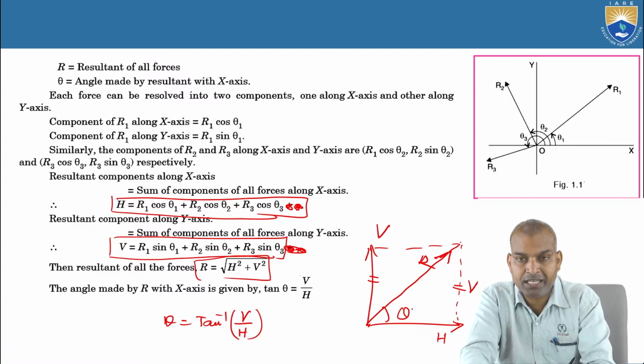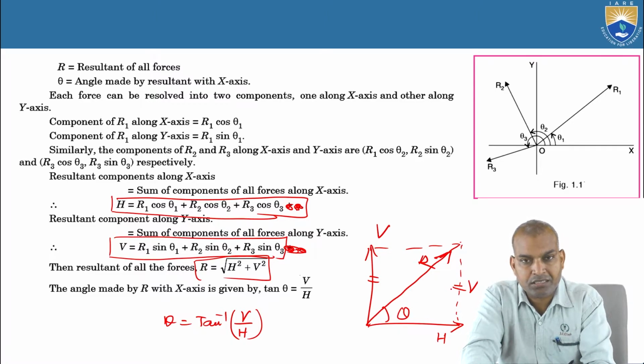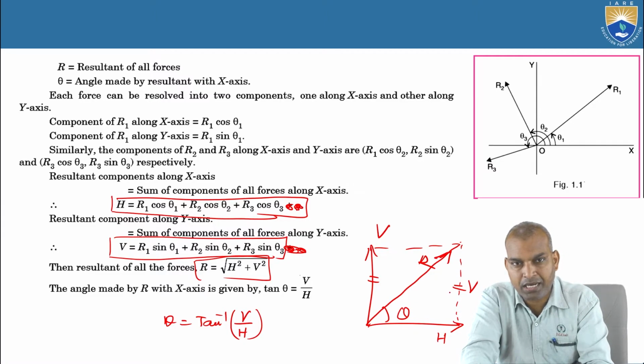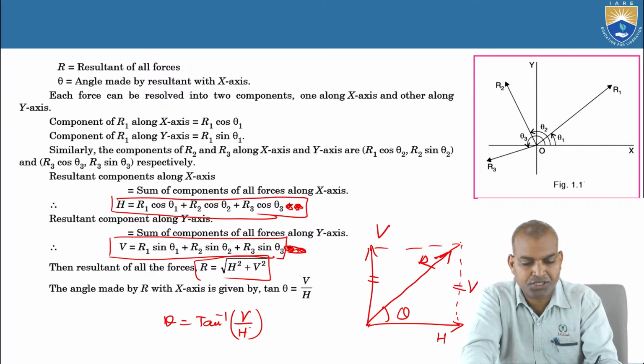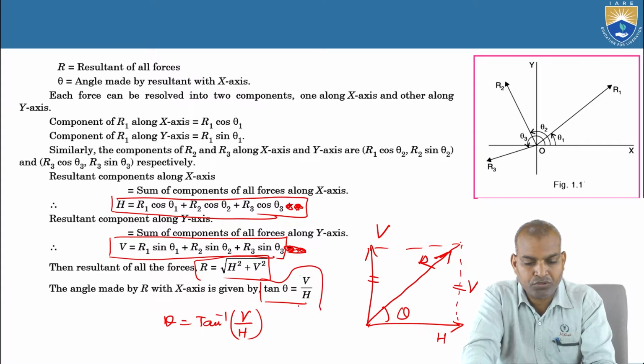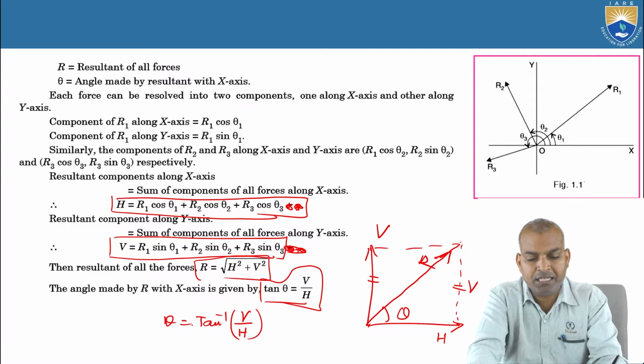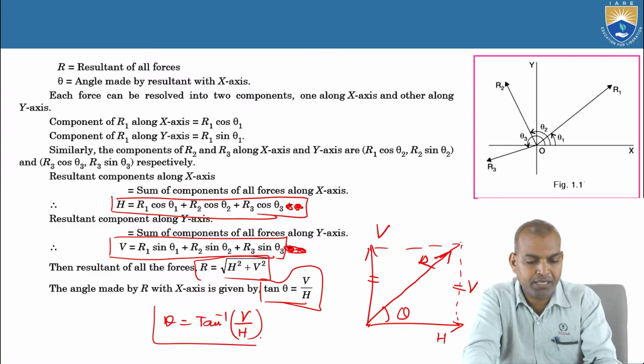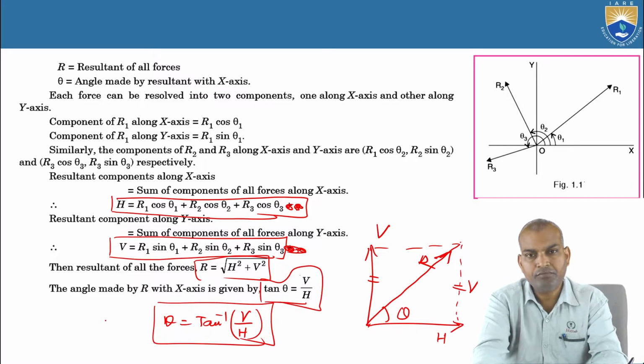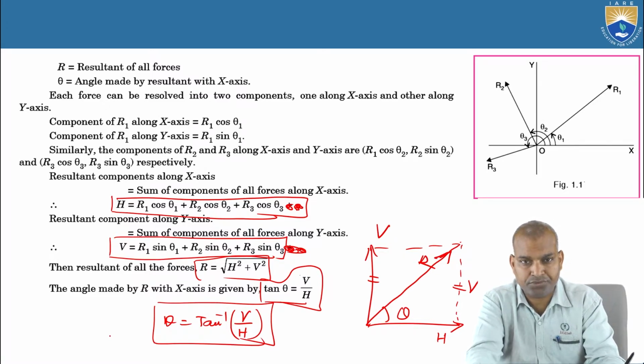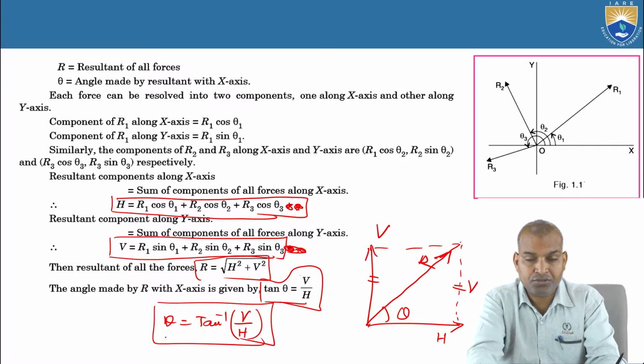So tan theta equals opposite side by adjacent side, that is V by H. Then theta equals tan inverse of V by H. That is why tan theta comes. Theta represents the direction of the resultant force.